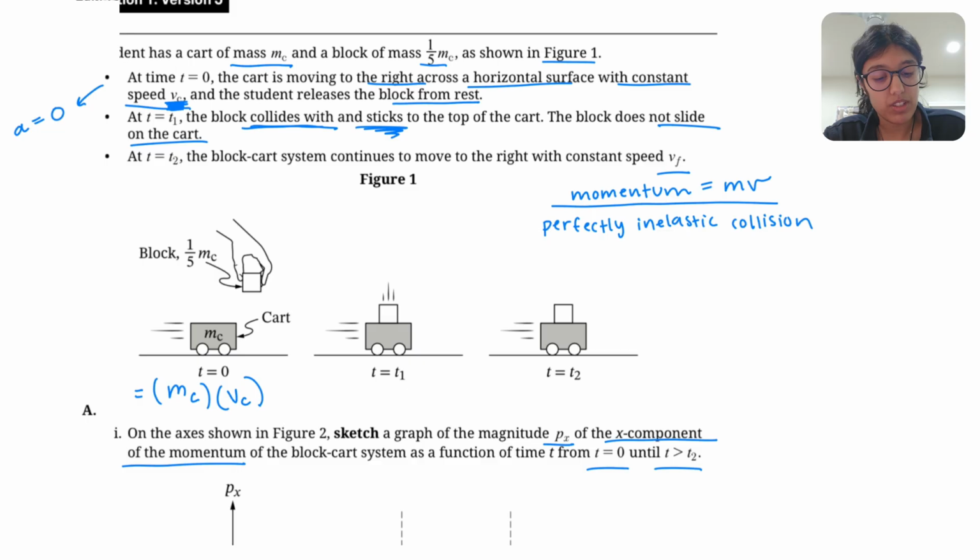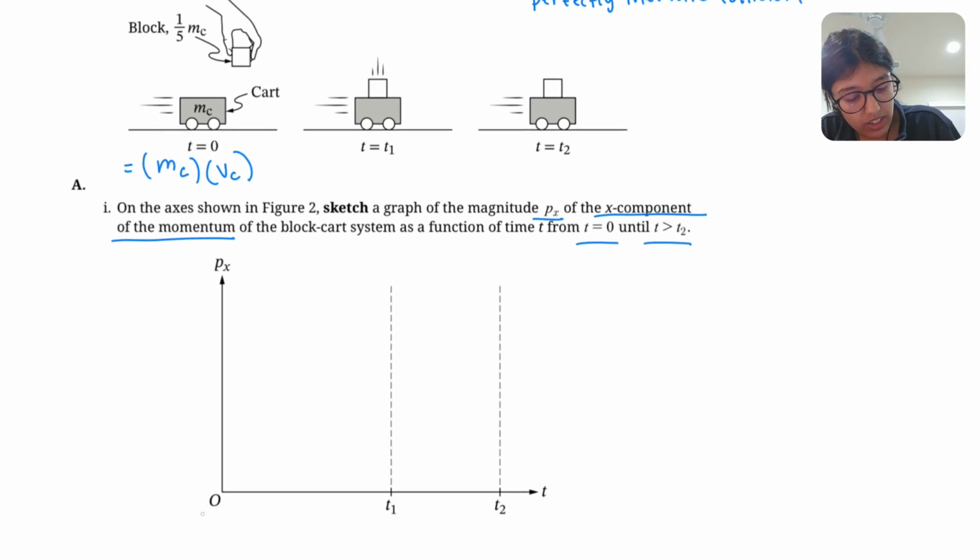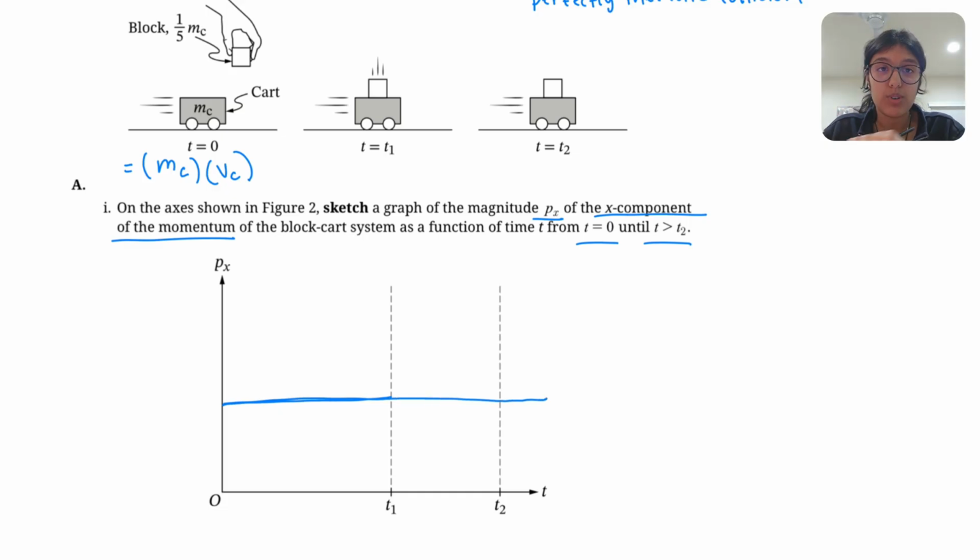And whenever momentum is conserved, I know that 0 to t1 is just going to be a straight line. And yeah, it's just going to be a straight line. And speaking of that, since momentum is conserved, I know that throughout this whole entire procedure, the momentum is just going to stay the same. So actually, this is just going to be a horizontal line of slope 0.